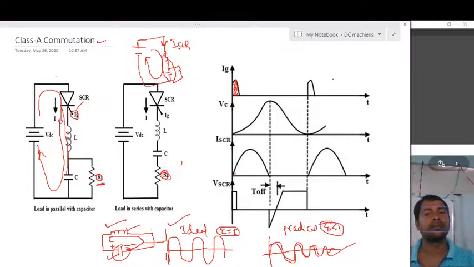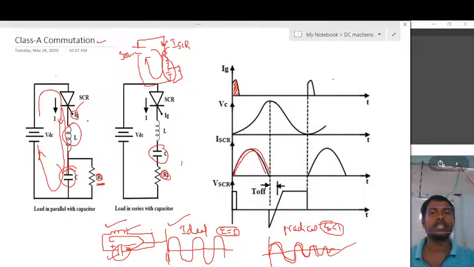This is the positive half cycle, which we can see. Current through the SCR is a positive half cycle, and then the voltage across the capacitor. In this circuit I am taking a source, an inductor and a capacitor which are not charged.